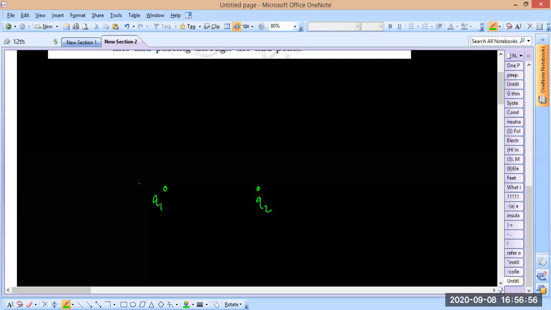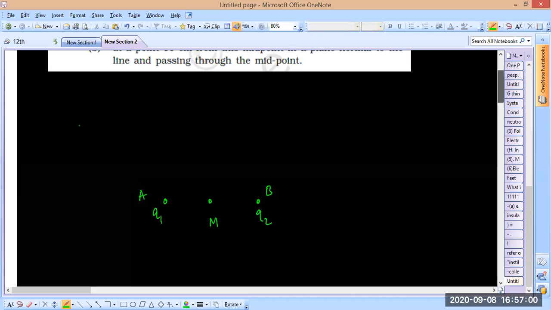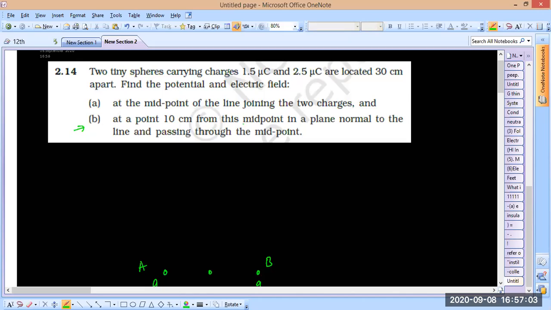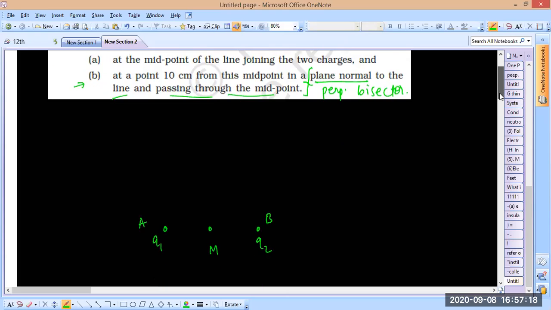This point is A, this point is B. Here is midpoint M. But where we have to find it in part B is 10 centimeter from this midpoint in a plane normal to the line passing through the midpoint. This is a complicated way of saying perpendicular bisector. It means this point P is on the perpendicular bisector, somewhere over here.